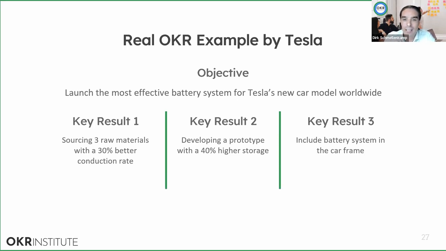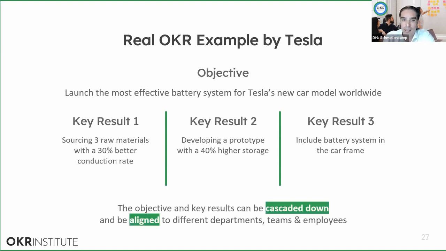And of course, that needed a lot of brainstorming sessions in teams on how to come up with the right key results. So how can you now bring alignment and engagement in your organization, and how can you cascade further down? Let's say this is a company objective going to the teams, departments and employees. Key result number one, you turn into an objective of the purchasing department.